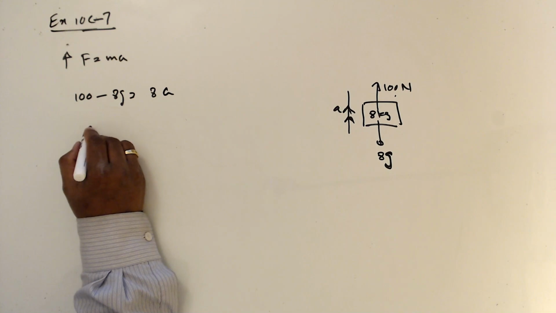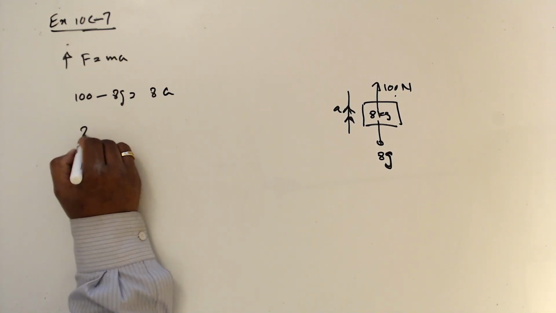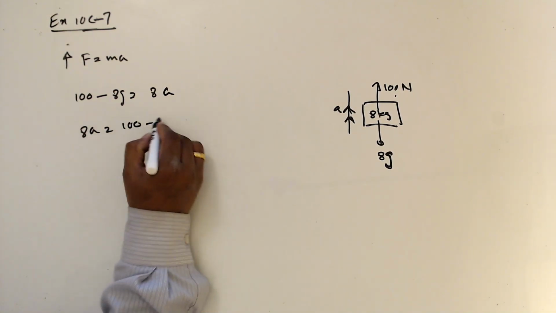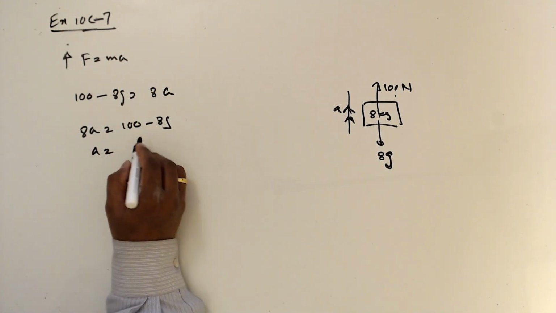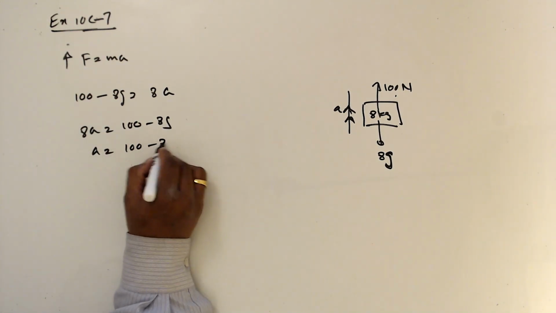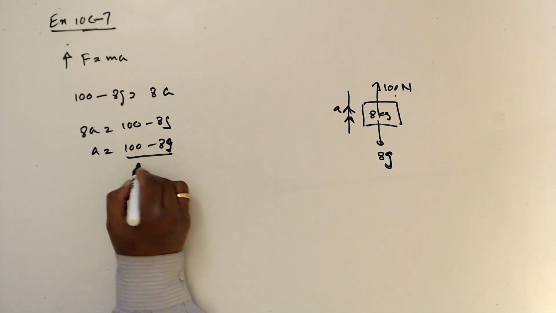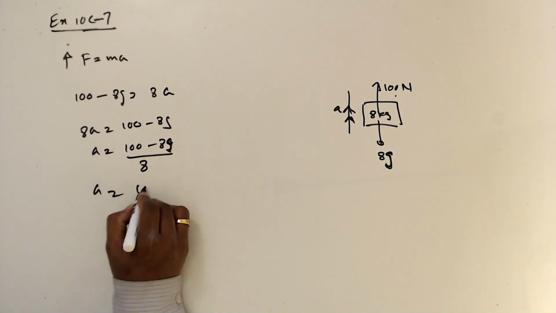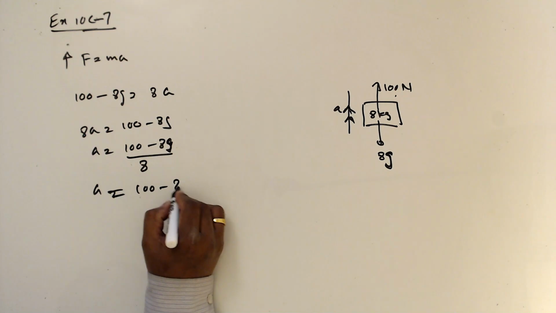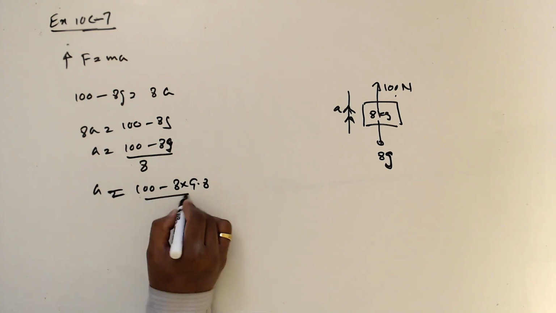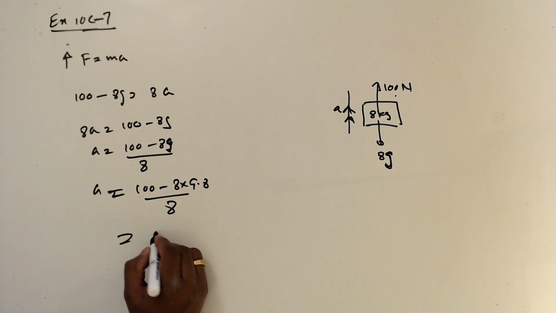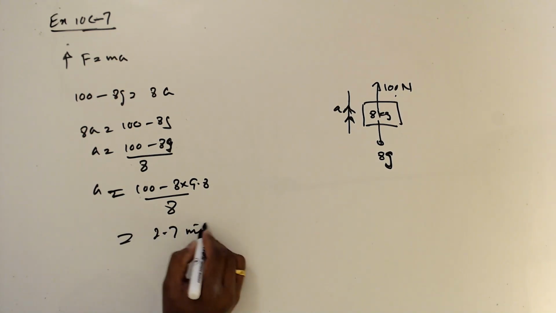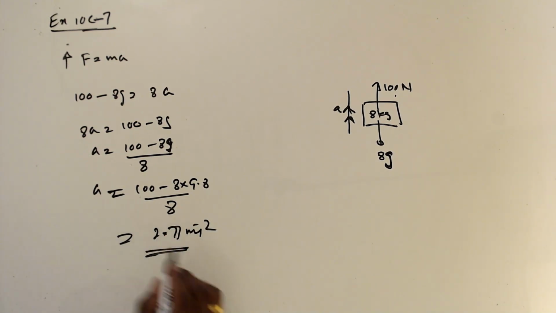So 8a equals 100 minus 8g. So a equals (100 minus 8g) divided by 8. So a equals (100 minus 8 times 9.8) divided by 8. So this value is 2.7.